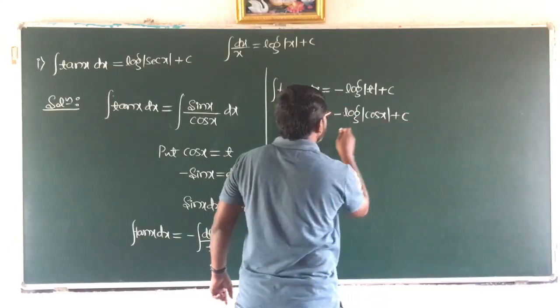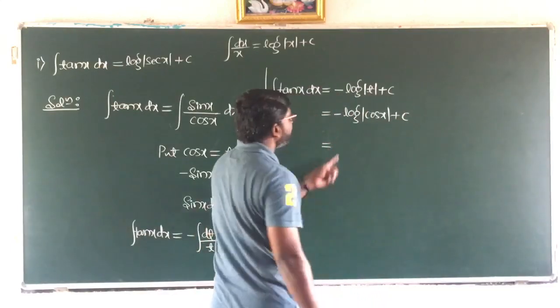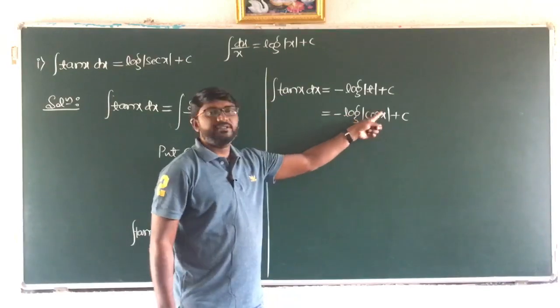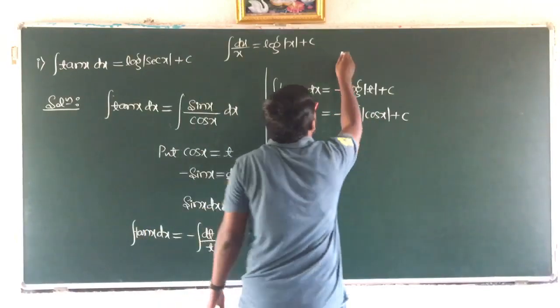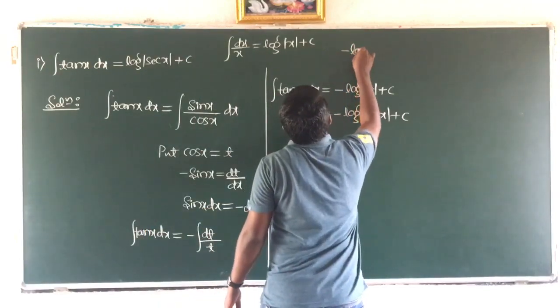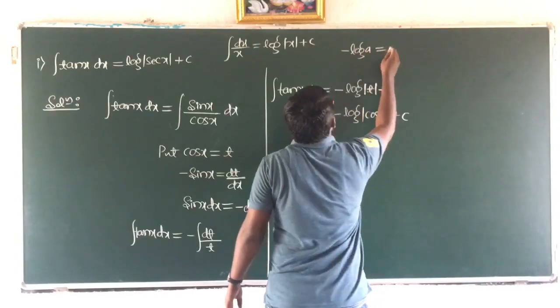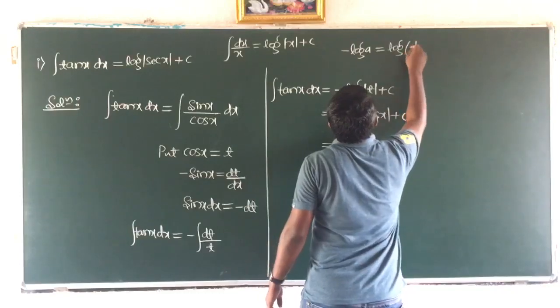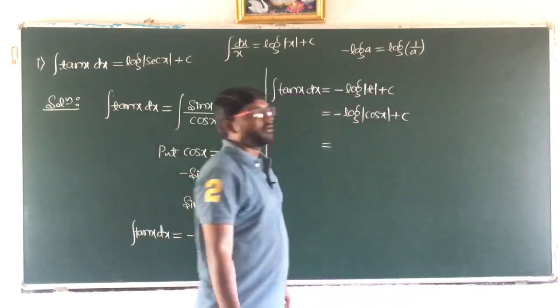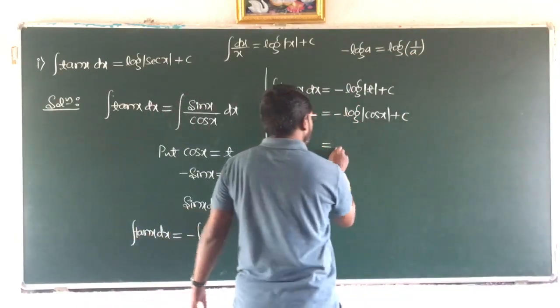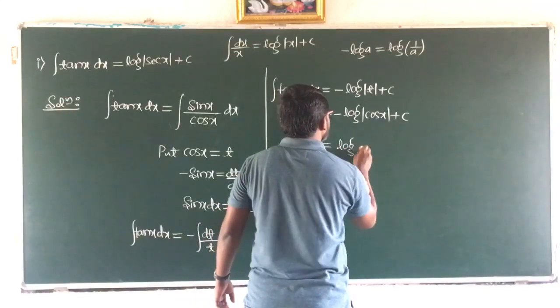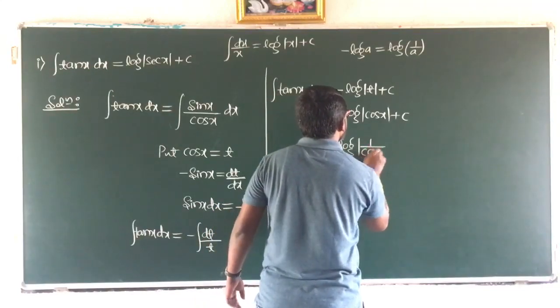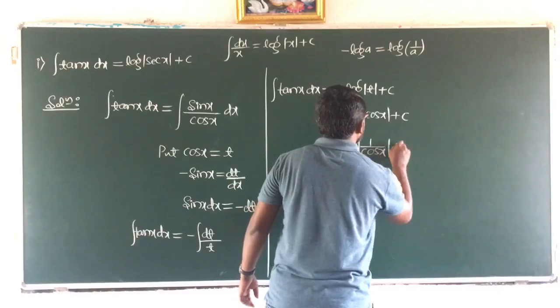This can also be written as, if you remove the minus sign, we have to take the reciprocal. The property is minus log a is equal to log 1 by a. So now it becomes log mod 1 by cos x plus c.